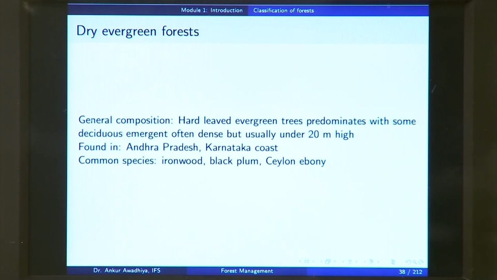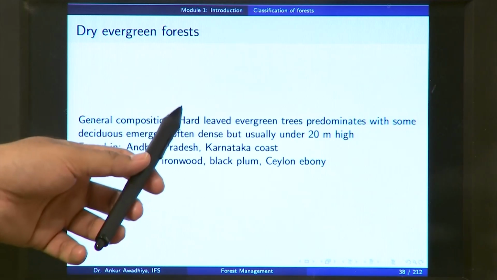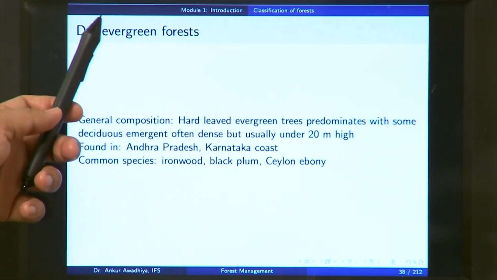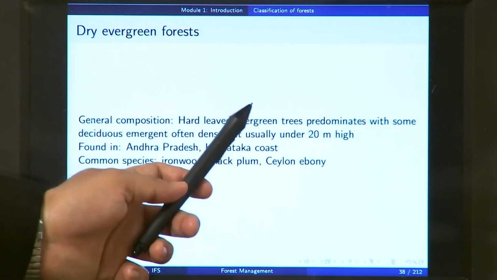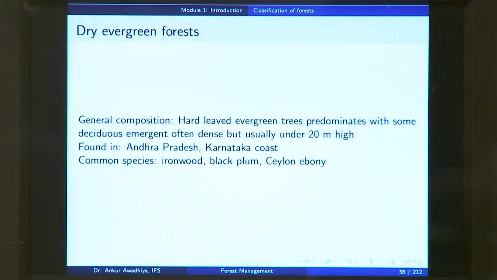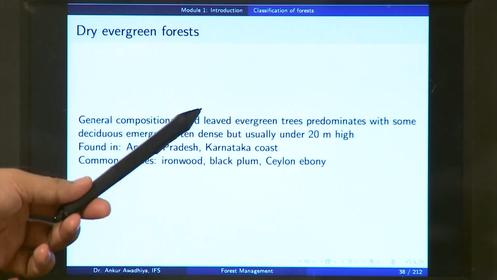Dry evergreen forest. The composition here is hard leaf evergreen trees which predominate with some deciduous emergents, often dense, but usually under 20 meters high. Now, because these are in dry regions, they have very hard leaves. These are evergreen forests, which means that the evergreen trees will be the predominant trees. There will be some deciduous trees as well, which are typically emergent, but the whole forest in total will look often very dense.